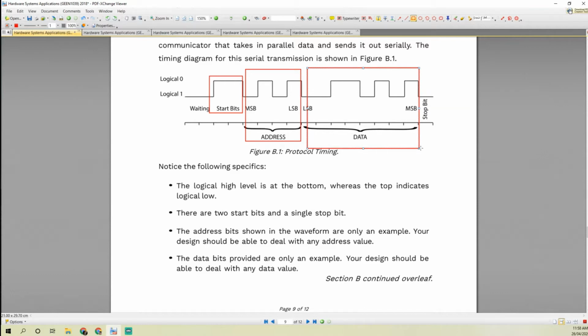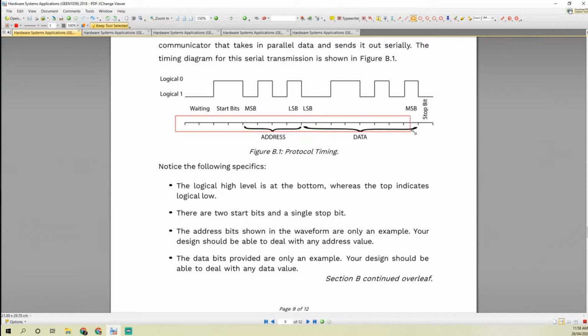So essentially, we're going to take in parallel data, convert it to serial data, transmit that data serially, and when we say serially, we refer to 1 bit at a time. In other words, we're not sending all 8 bits. Instead, on every clock cycle, right? And the clock cycles, of course, are denoted by these demarcations in this timeline here.